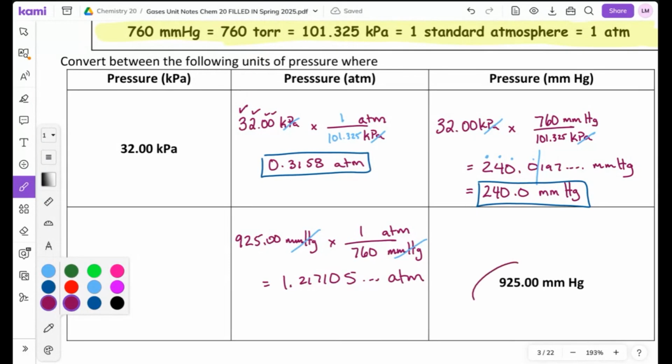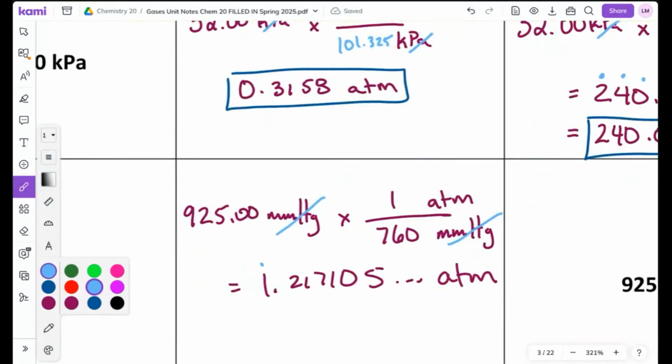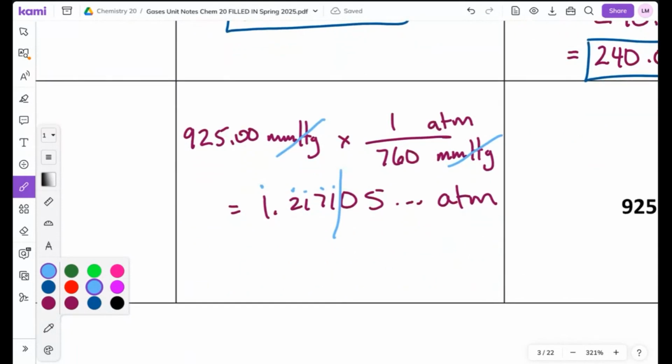The number we were given has 5 significant digits, so I want to make sure my final answer has 5 significant digits. Starting from the left, 1, 2, 3, 4, 5. There's my cutoff line. So my final answer is 1.2171 atmospheres.